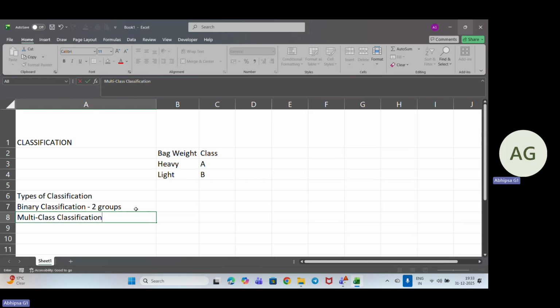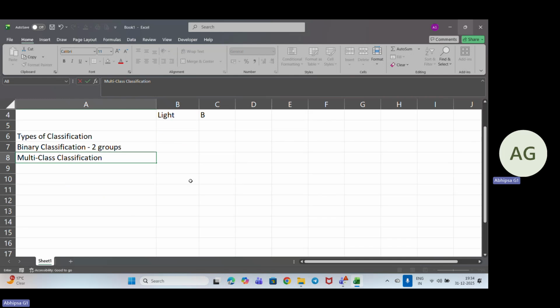Now, how does the model learn about this classification? That is the part that we need to discuss. My model learns by looking at examples, just like a child actually does. Now, let's take an example here.